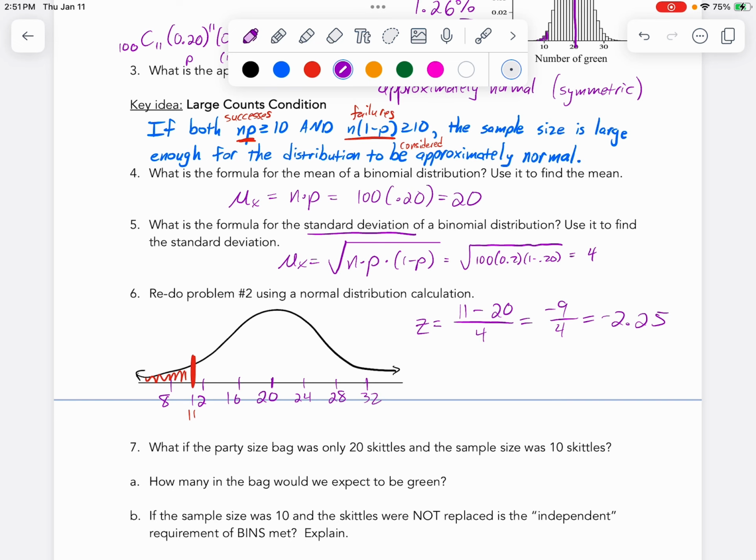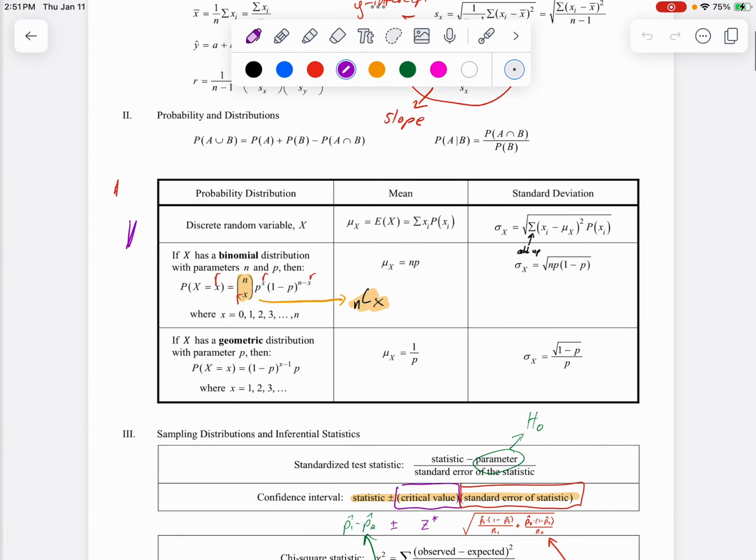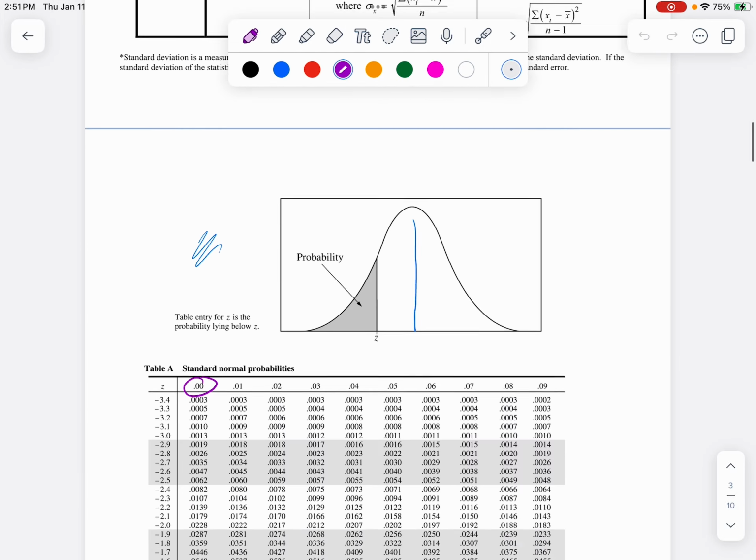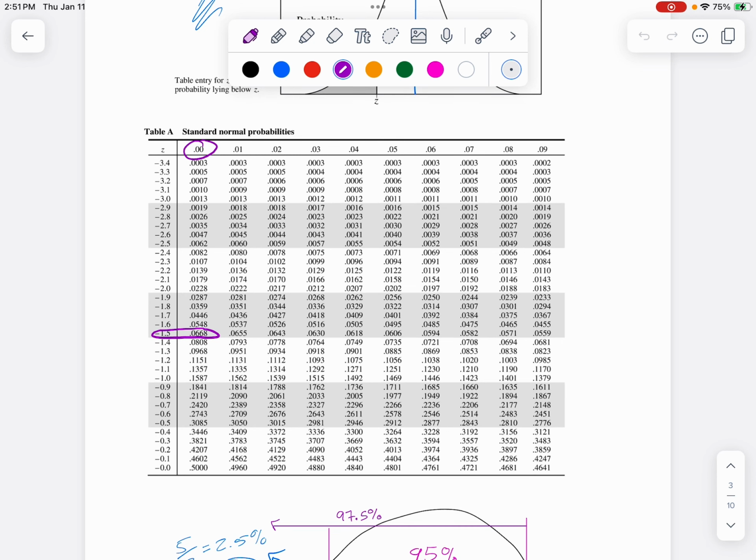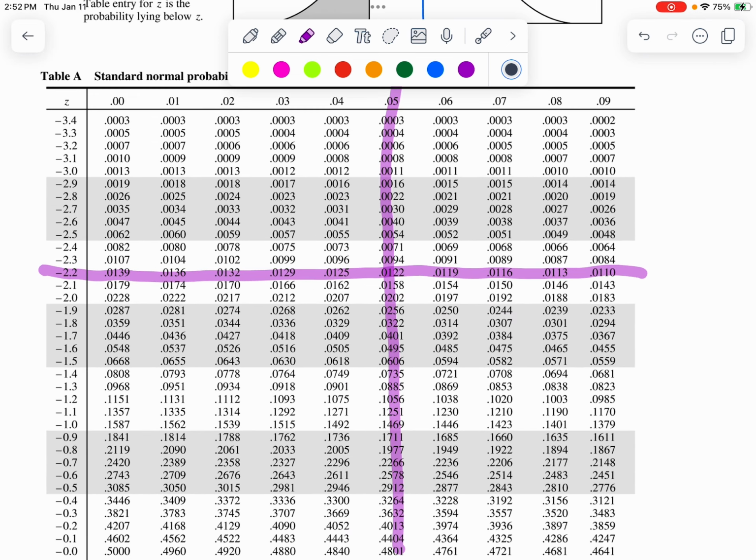Okay? You can look at table A. I haven't done that in a while. Let's look in the green packet and find this. Table A, you can find a z-score, negative 2.25. That would be negative 2.2, and then here's the 5. There you go.